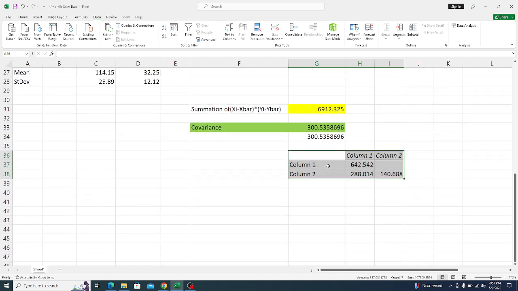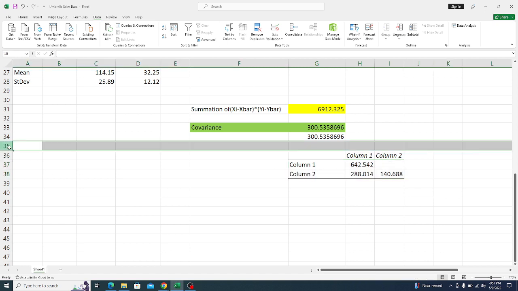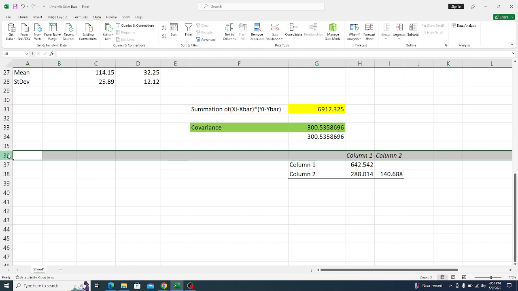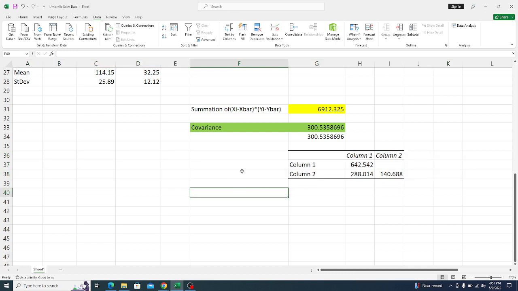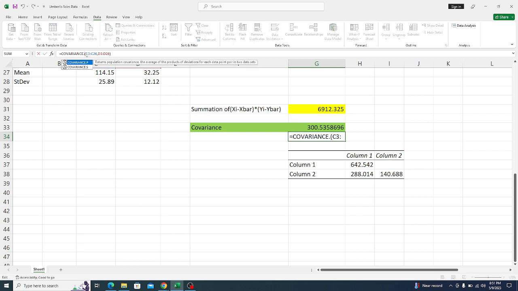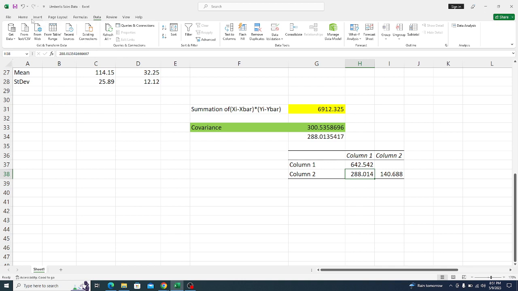It is giving us covariance in matrix form. So I would advise that for covariance, we use the inbuilt function in Excel. Otherwise, you can see when we do the population covariance, you are getting this value.